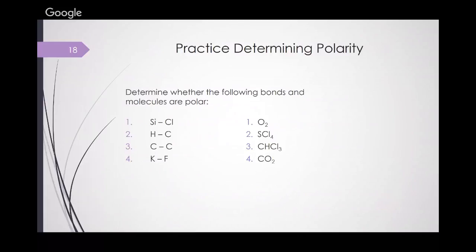In number 2, sulfur tetrachloride, when I draw out this Lewis structure, I'm going to see that sulfur once again has an expanded octet, and it's going to show that there's a lone pair of electrons on the sulfur central atom. So even though I have all the same surrounding atoms, because there's a lone pair on sulfur, this is going to make this molecule polar overall.